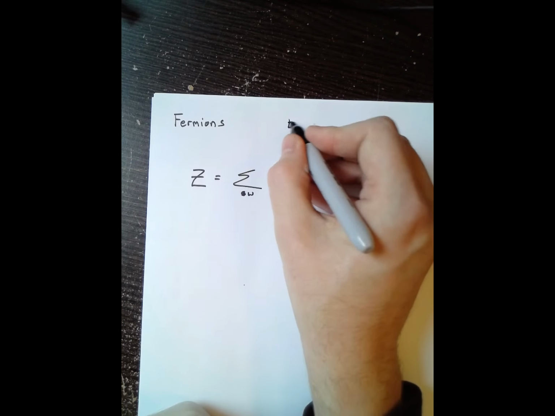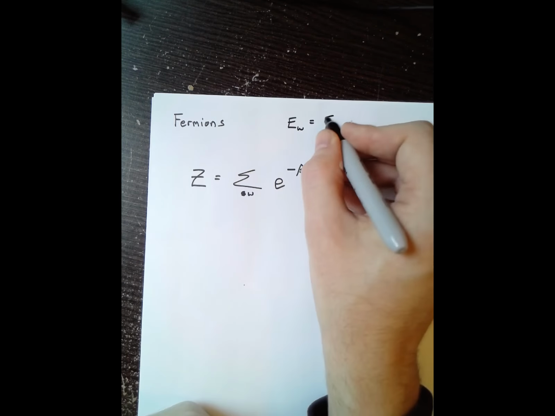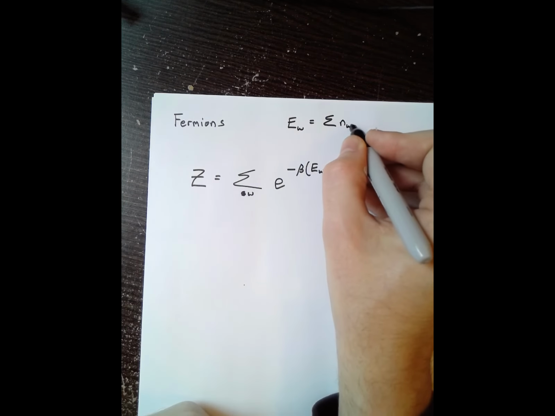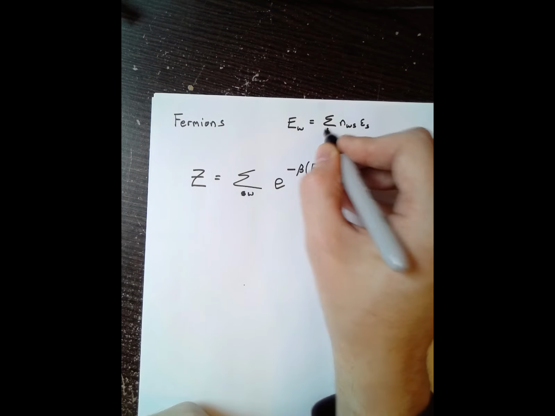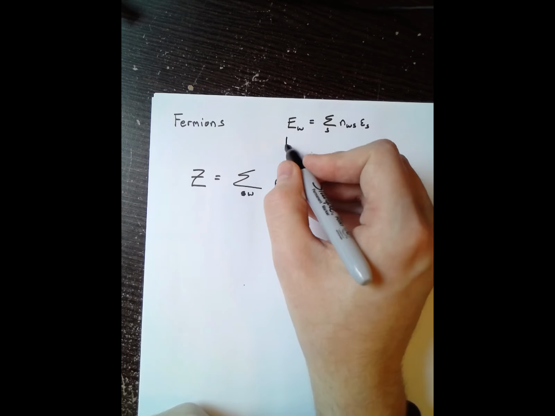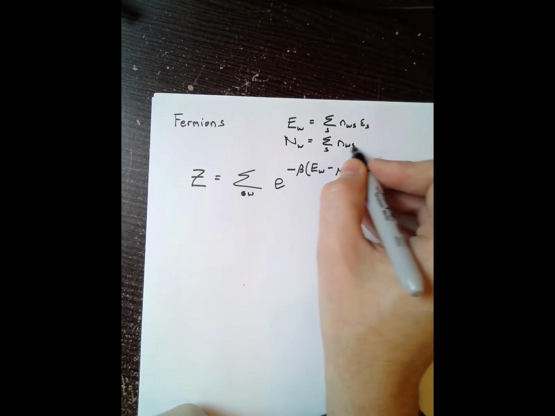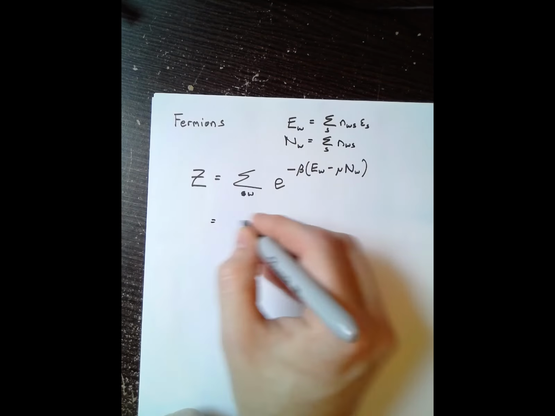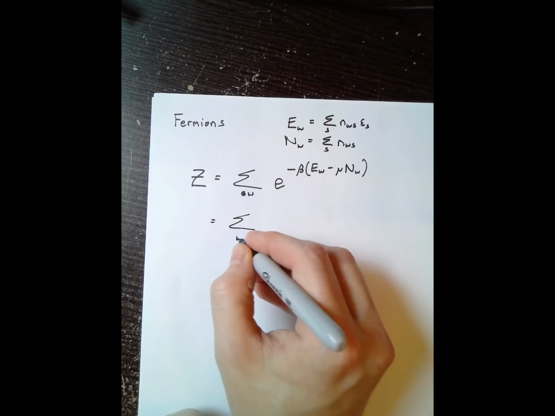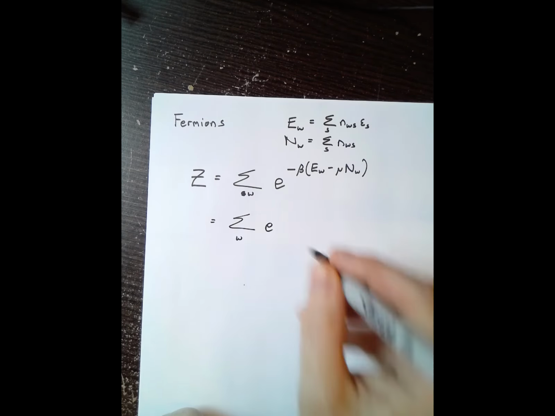Now we know that E for a given microstate is the sum over s of n_ws epsilon_s, and N is just the sum over s of n_ws. So we can substitute these into here.